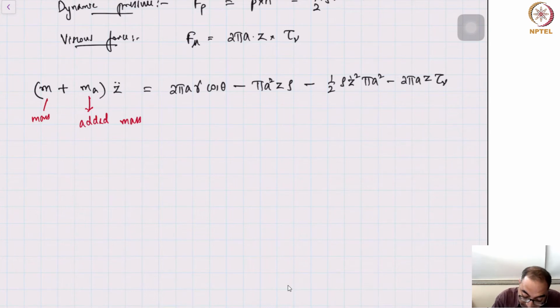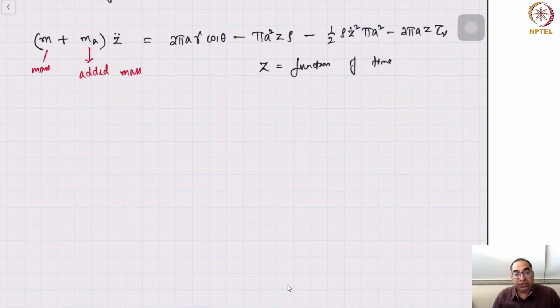And also remember that z here is a function of time. z and z dot are both functions of time. Okay. So the left hand side clearly are the inertial terms, and the right hand side are all the forces, driving forces as well as opposing forces. Now to determine the added mass, I will basically closely follow the approach taken by Professor John Bush.